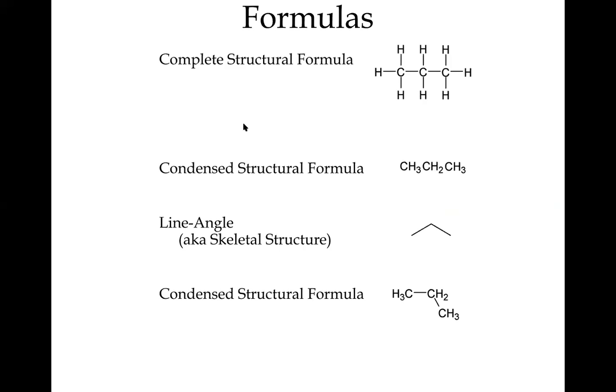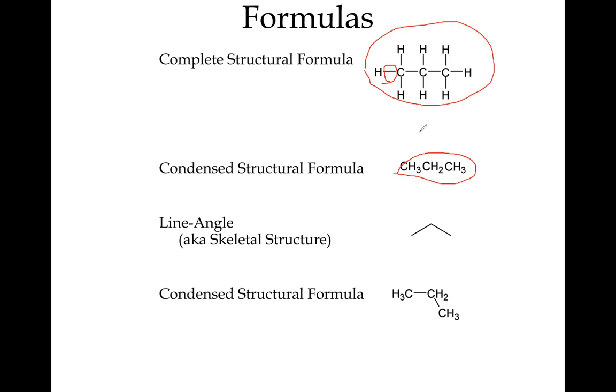I also talked about the different ways we have to write these formulas out. You can have a complete structural formula where you write out all the atoms and all the bonds that are present. Of course, that's the most information, but if you're writing about it in organic chemistry, that's a lot of work. So it's easier to use alternative versions, like a condensed formula.